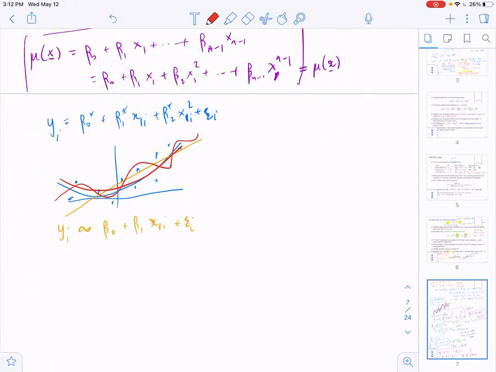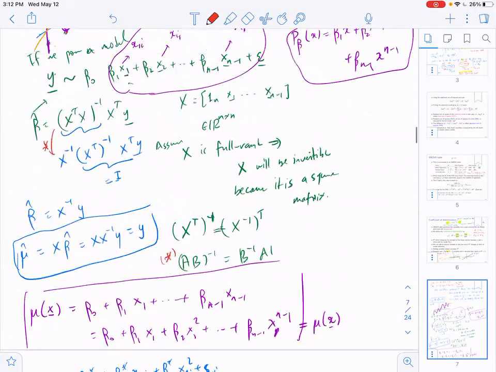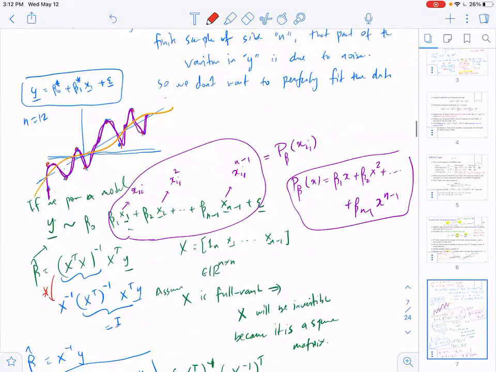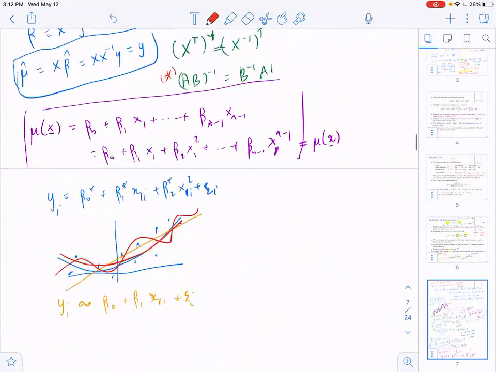So there is an optimal trade-off in the complexity of the model. The fully complex model would interpolate between all the points. We don't want that. And if you choose too few of the covariates in the model, like in this case just this line, this is underfitting, so this underfits.